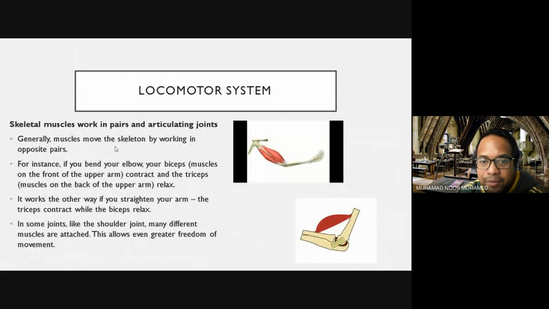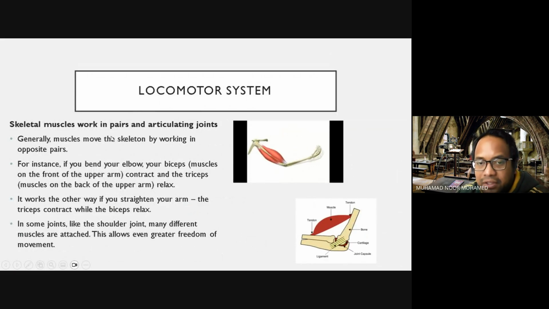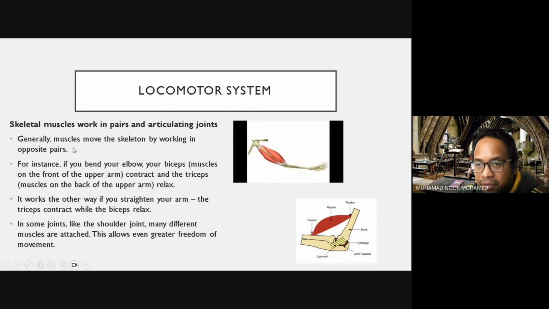Okay, next one. If we talk about movement or articulating joint, generally muscle move the skeleton by working in opposite pair. We have bicep, we have tricep, we have quadricep, we have hamstring, we have gastrocnemius, and also soleus. And at the hand, we have flexor digitorum and extensor digitorum.